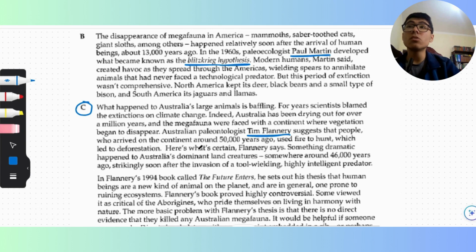Here's what's certain, Flannery says. Something dramatic happened to Australia's dominant land creatures somewhere around 46,000 years ago, strikingly soon after the invasion of a tool wielding, highly intelligent predator. So what he suggests is that people around 50,000 years ago used fire to hunt.